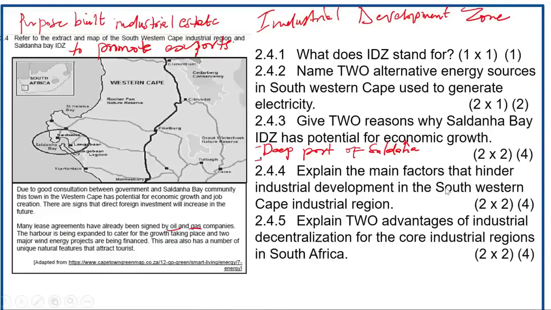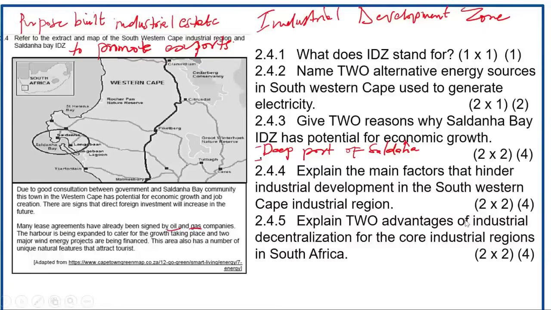So the deep port makes it easy for trade. Number two, infrastructure also makes it easy. When you speak of infrastructure, that is very open. We're not only talking about road infrastructure. We're talking about Wi-Fi networks, so it's easy for people to communicate when they are there. We're talking about road transport.